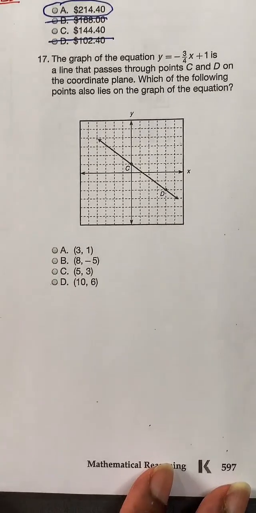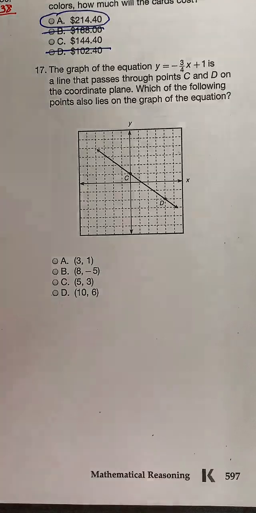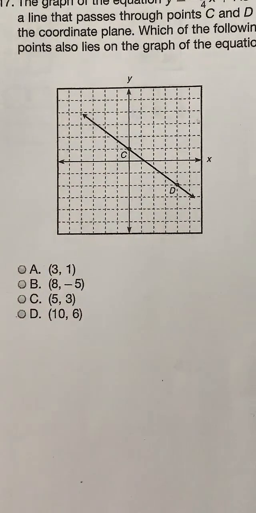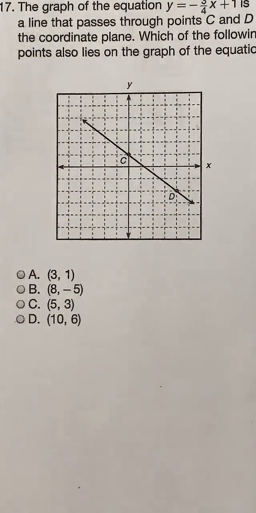So let me raise this up. Okay, maybe zoom in. Some people might like to find it just from the graph. So either you can look at point A, which is 3, 1, point B, 8, -5. Is it C at 5, 3, or is it D at 10, 6? So which of the following points also lie on that graph, on that equation? Is it A, B, C, or D?